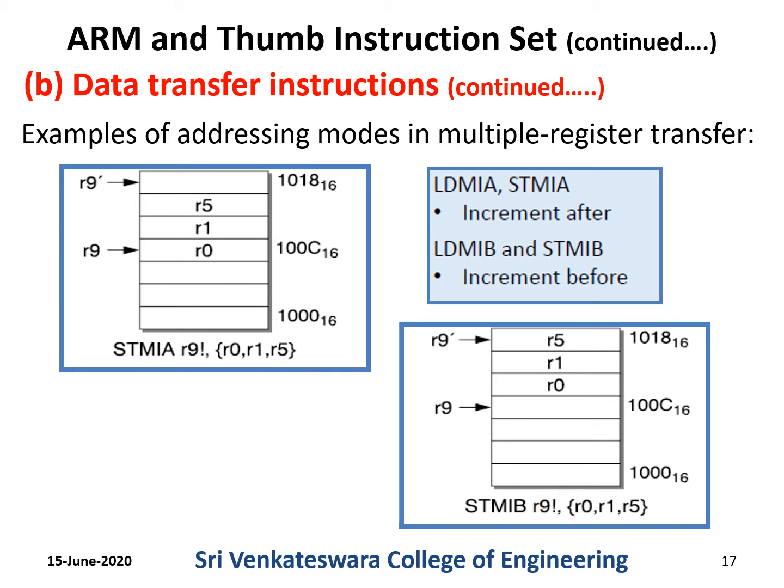First R9 is incremented, then R0 is stored. So 100C is incremented by 4 and R0's content is stored. Again R9 is incremented and R1 is stored. Then again R9 is incremented and R5 is stored. At the end of execution of this instruction, R9 will be pointing to the address 1018.